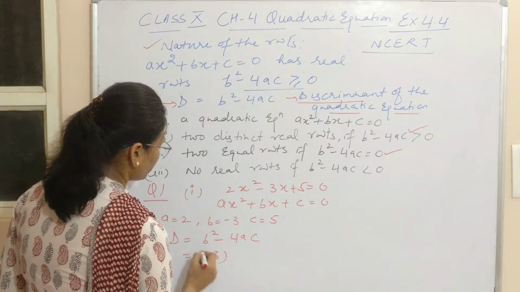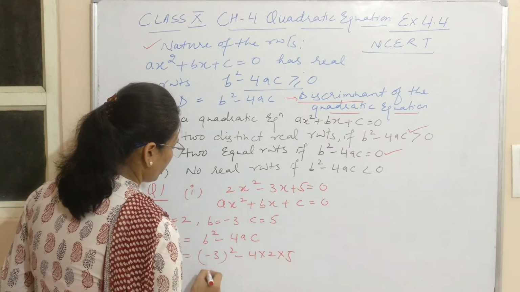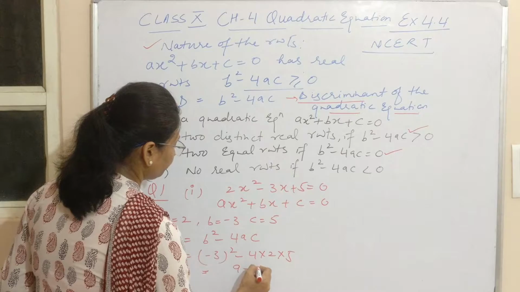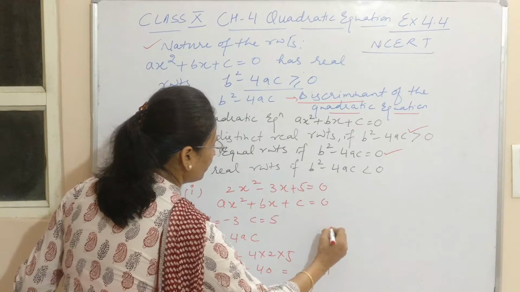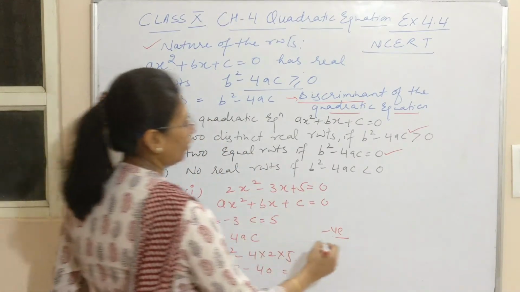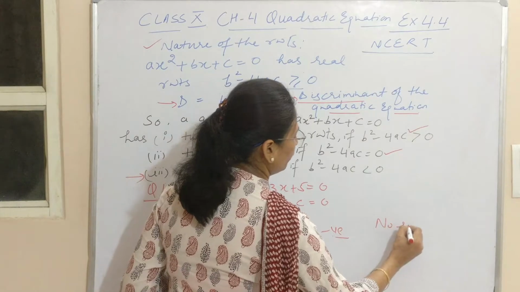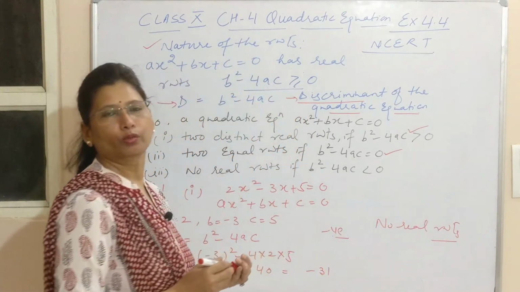Your b is minus 3 square, minus 4 into 2 into 5. So this is 9 minus 40. If you notice, this is coming negative. So this falls under the category that it will have no real roots. This quadratic equation will have no real roots.